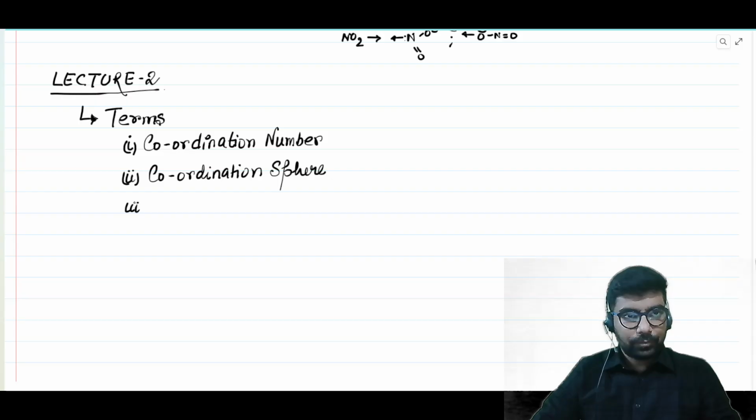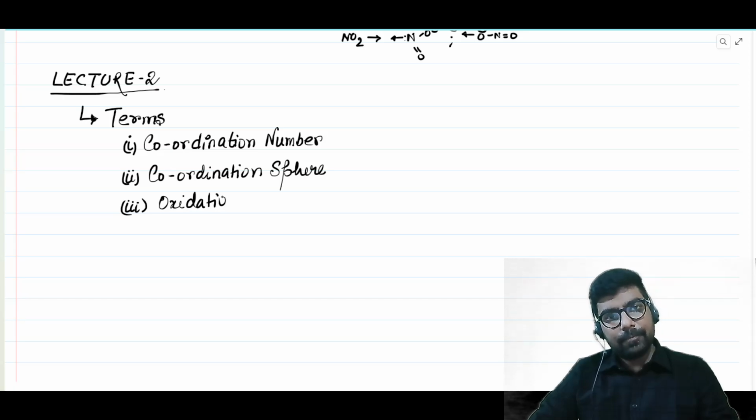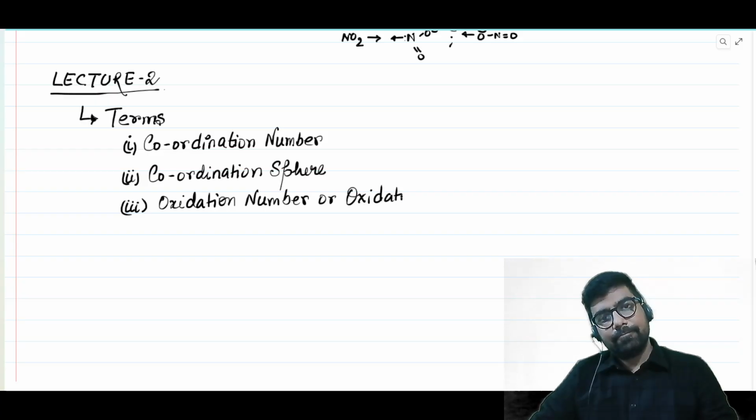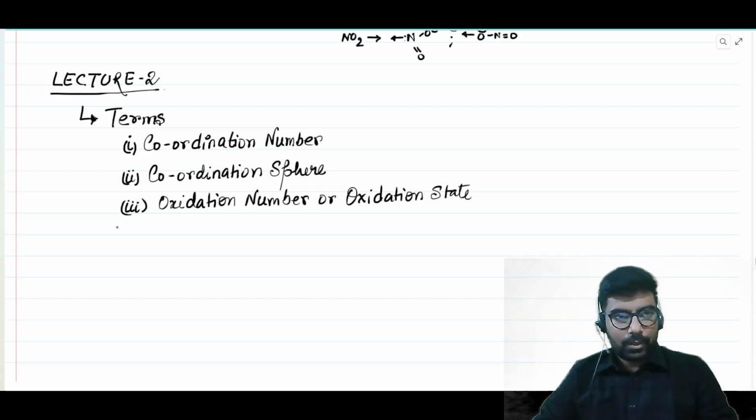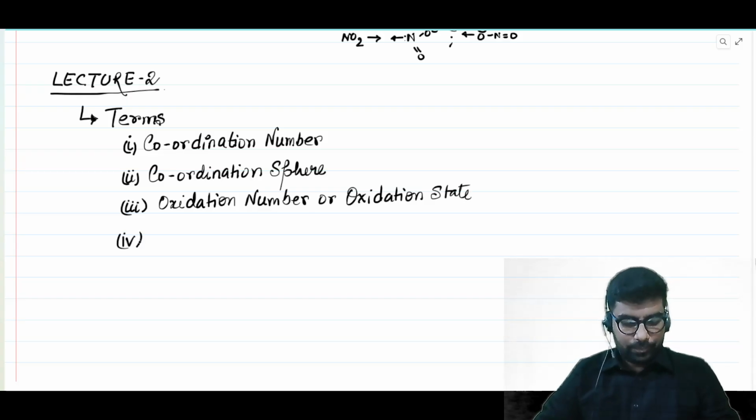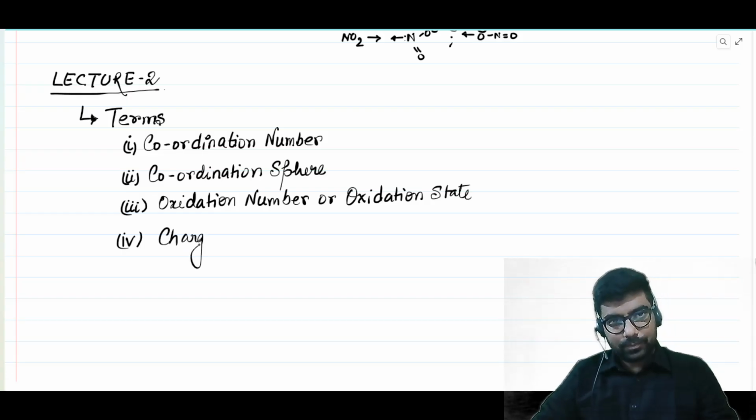Then moving on to the oxidation number, or we can call it the same as oxidation state. Then we have to find out the charge of the complex ion.